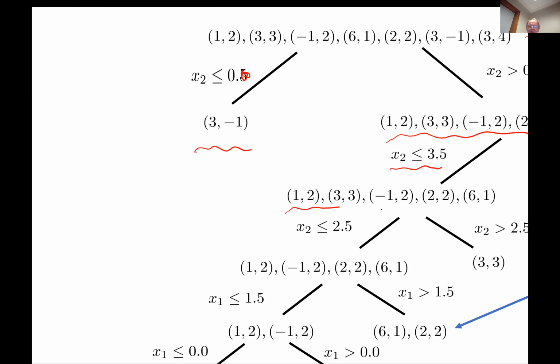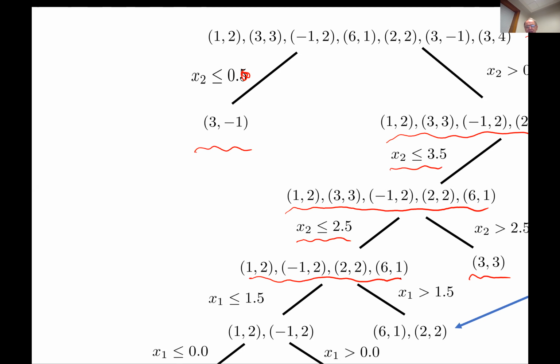At the left node we have these 5 points. We split it again, at x2 equals 2.5. The right node is pure, 3 points with just one label, and the other one has 4 points in it.